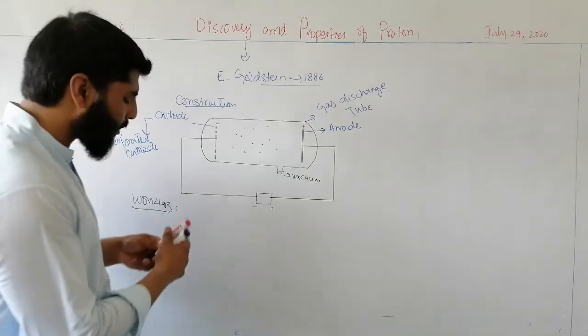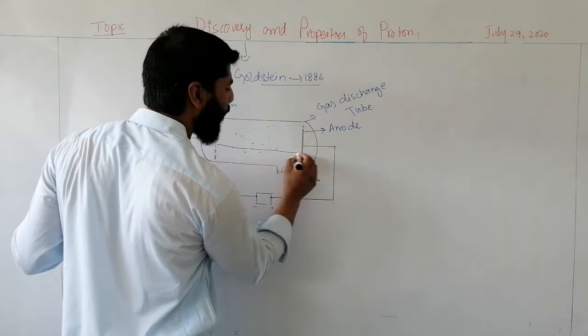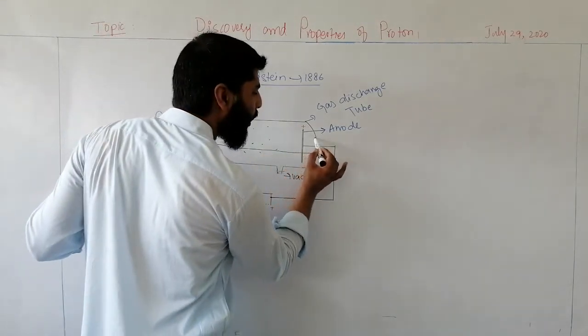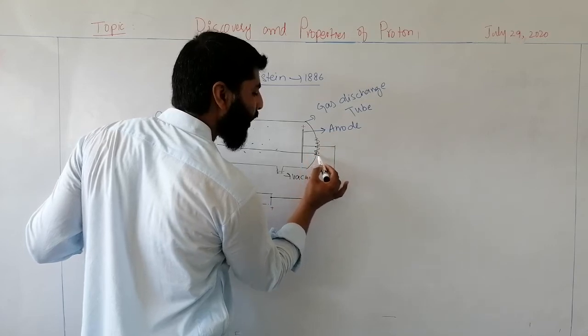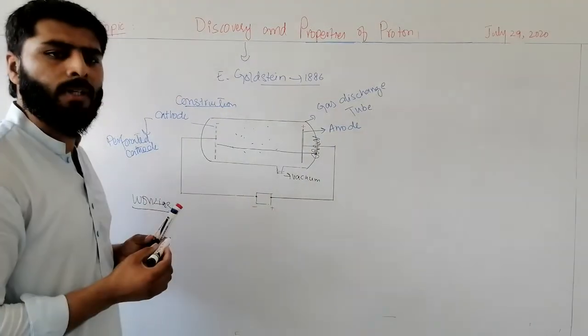When some rays were emitted from the surface of the cathode, they traveled in a straight line towards the anode and produced a glow opposite to the surface of the cathode, on the side of the anode.